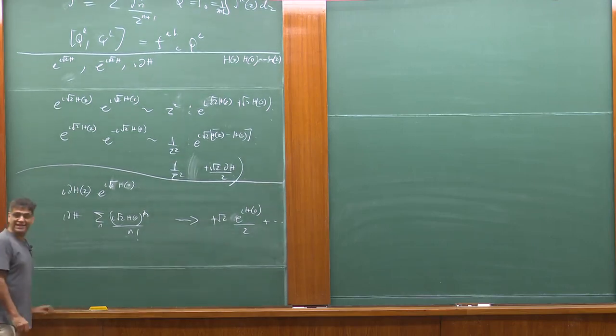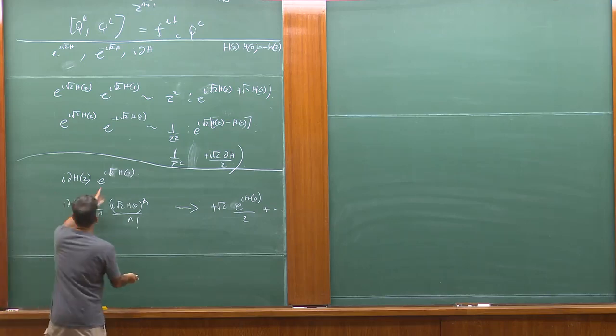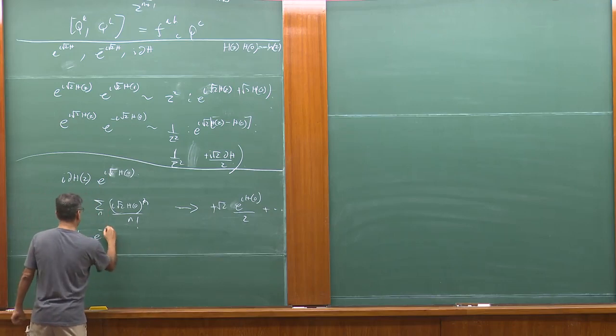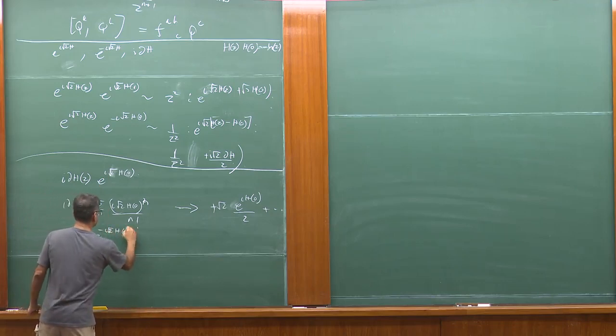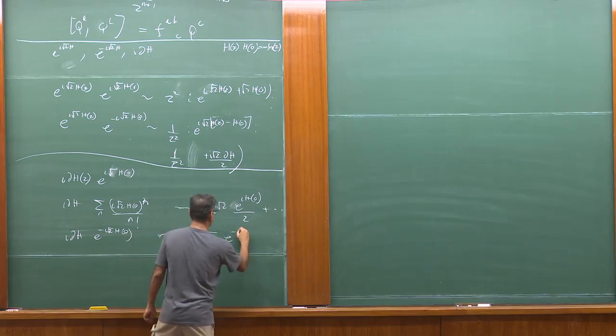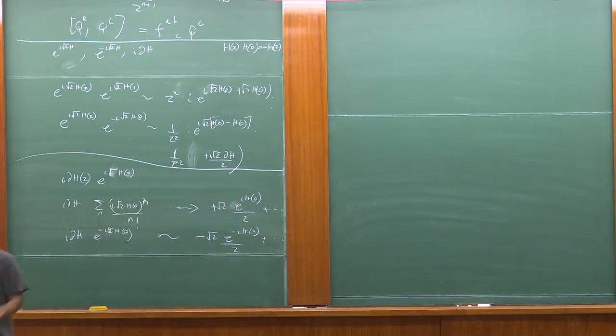And finally, let's look at, clearly with the other guy, I del h e to the power minus I square root 2 h of 0 goes to minus square root 2 e to the power minus I h of 0 by z. Clearly that's the same calculation. Okay.